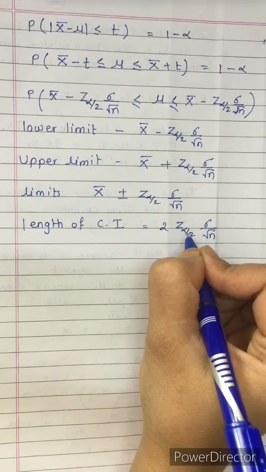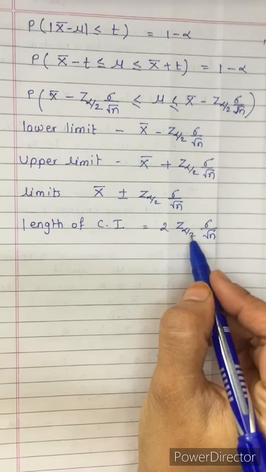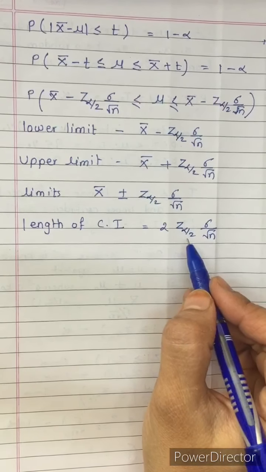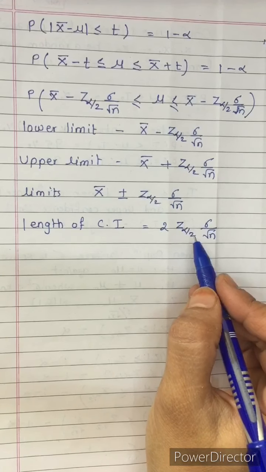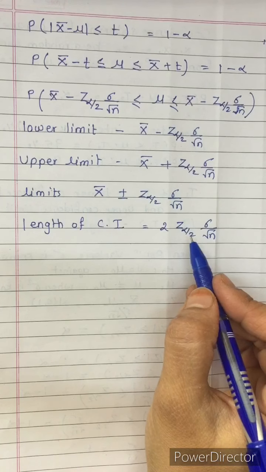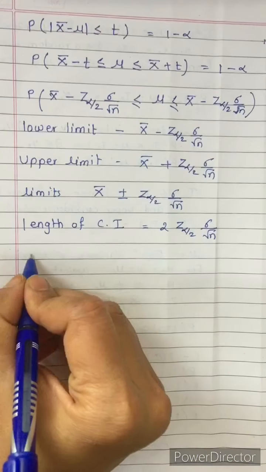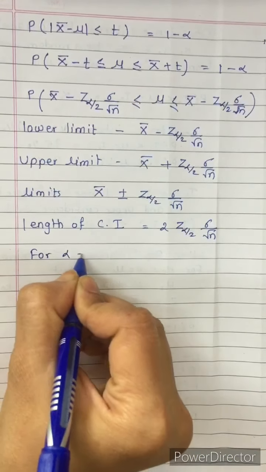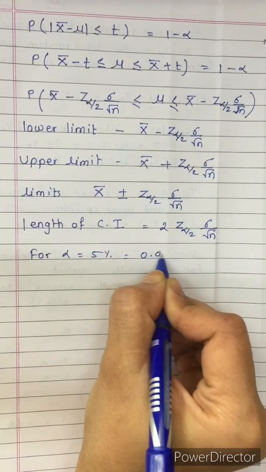So suppose alpha is 5%, so we'll have here z 0.025, and for z alpha by 2 the limit is 1.96.